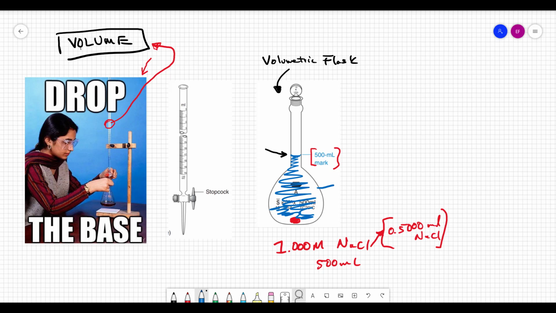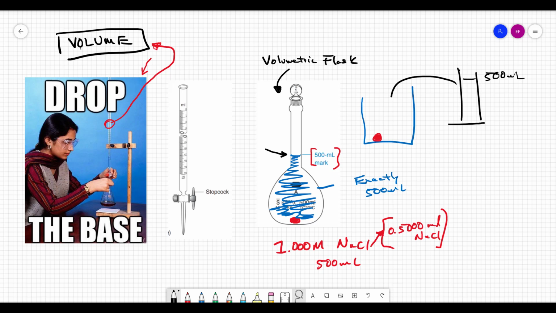And now your solution has exactly 500 mils, which is exactly what you want. The opposite of this would be to take a beaker, toss your mass into the bottom, and then take another measurement technique, maybe a graduated cylinder, take 500 mils of that and pour that into here.